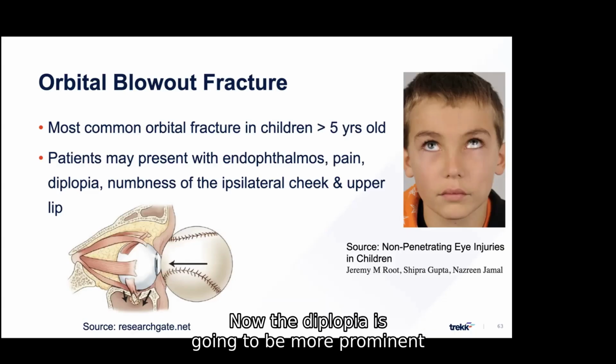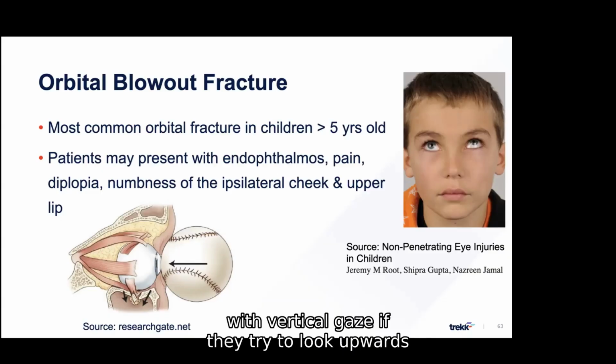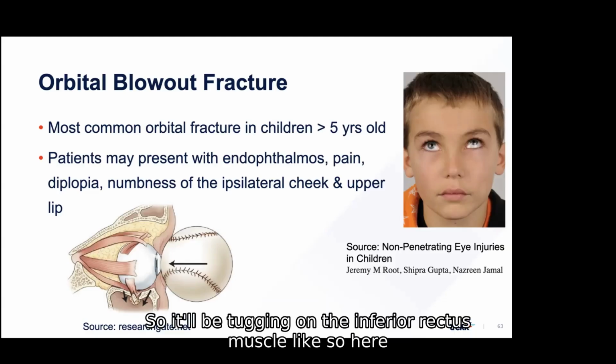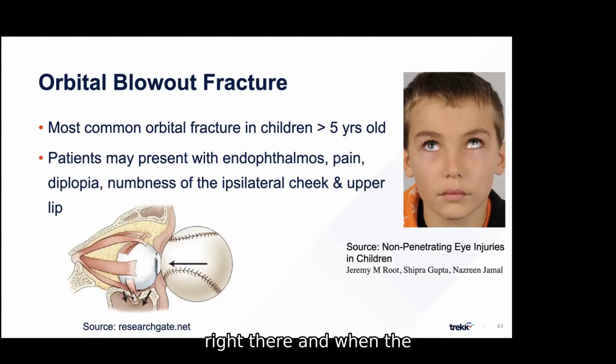Now, the diplopia is going to be more prominent with vertical gaze if they try to look upwards, especially if there's orbital tissue herniation into the maxillary sinus, causing restriction of the inferior rectus muscle. So it'd be tugging on the inferior rectus muscle, like so, right there.